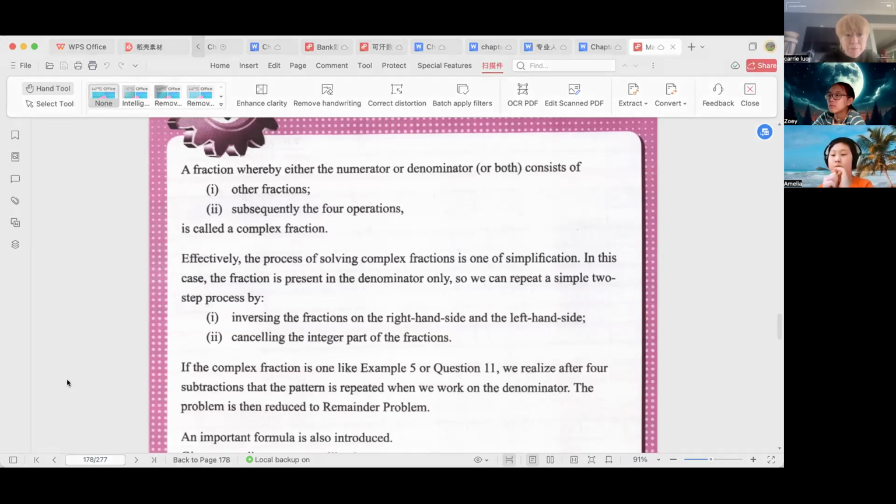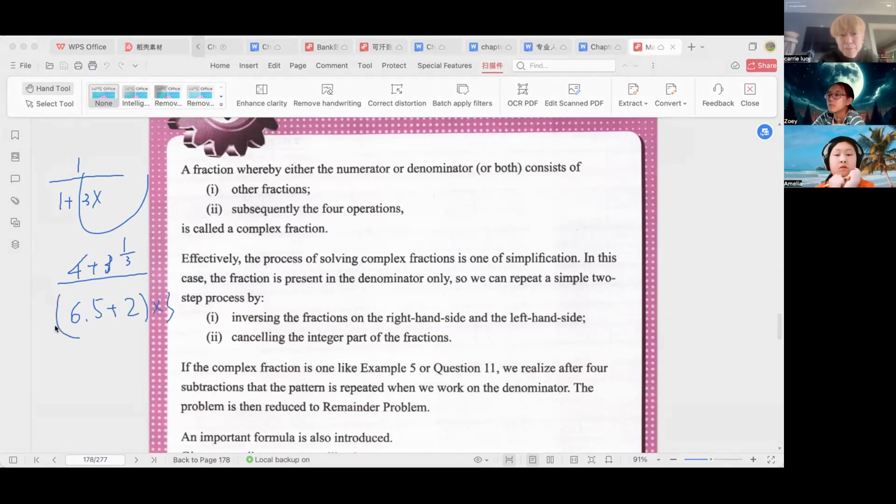For instance, 1 over 1 plus 3x is called a complex fraction, or we have 4 plus 3 and 3 over 3 and 6.5 plus 2 times 3. Something like that. They are complex fractions.